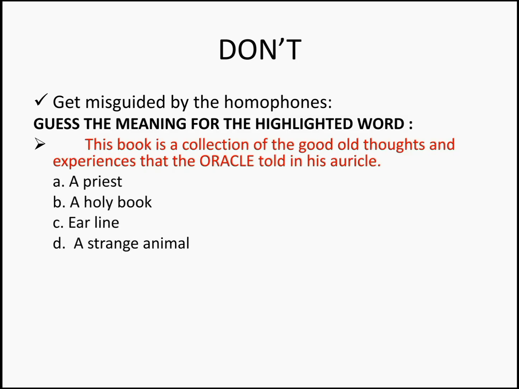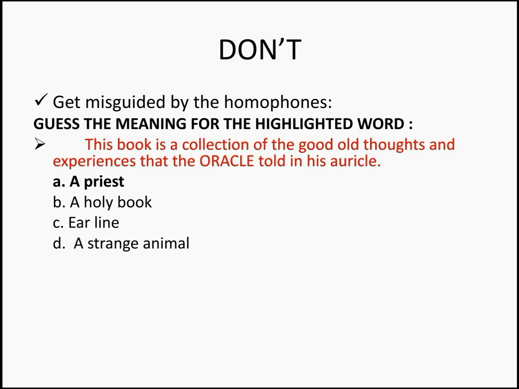Look at the options. Option A, a priest, a holy book, earline, a strange animal. Now just see, as I told you, auricle means the outline of ears, right? Which is also given in your options. So sometimes our intuition misguides us with the sound of certain words, and this is a perfect example of that. So the answer for this question is a priest, which is the meaning of oracle.